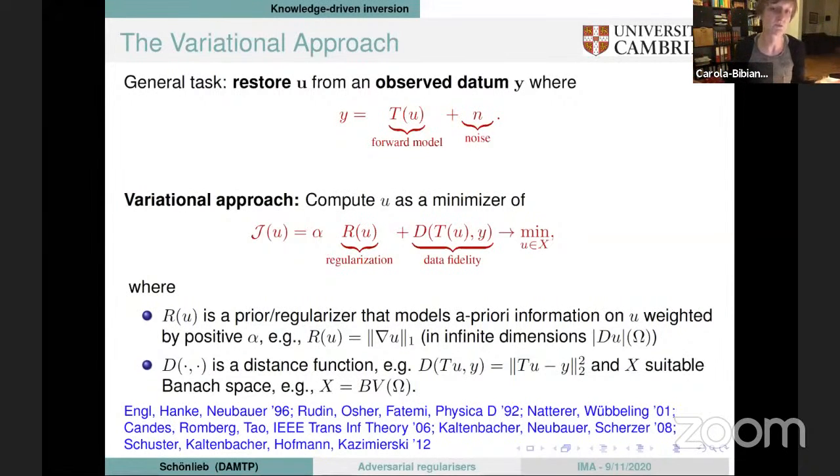There's a good function space we want to be in. And the total variation in particular allows the minimizer u of this functional to be discontinuous, so to have edges, which is something that turns out to be both visually but also quantitatively super important to preserve.